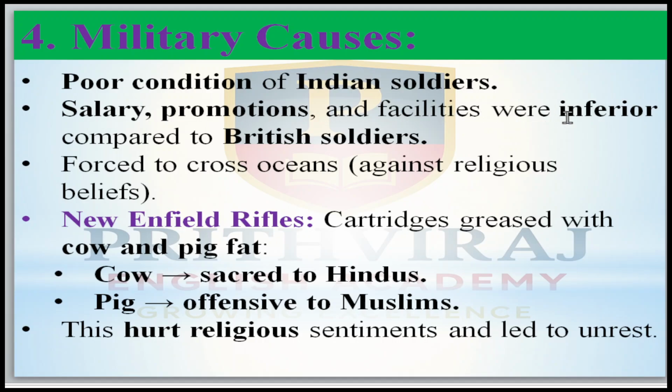Salary, promotion and facilities were inferior compared to the British soldiers. Salary and promotion were heavily taken by the Britishers, and Indians were inferior. They were forced to cross the oceans, which was against the religious beliefs of the Indians.